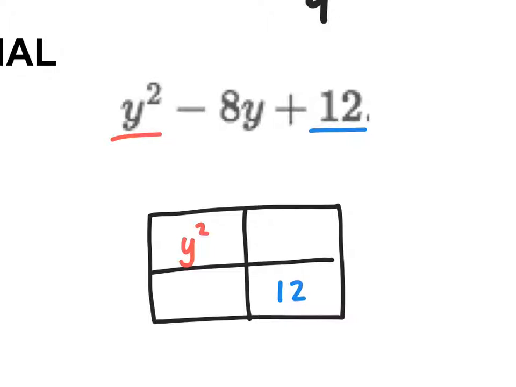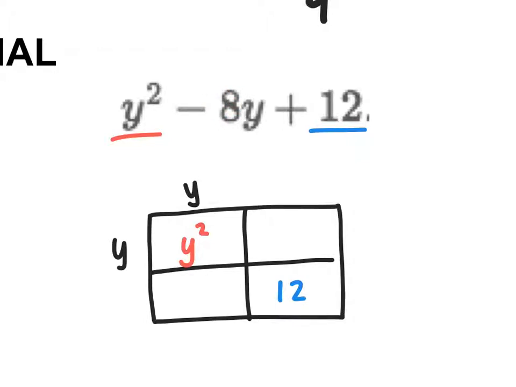Now, two numbers that multiply to y squared is just going to give me y and y. Now, this is where it's going to get tricky. I have two numbers that need to multiply to 12, but they need to add to -8. What I have to think about is that both of these numbers that multiply to 12 have to both be negative, and then they also have to add to -8.